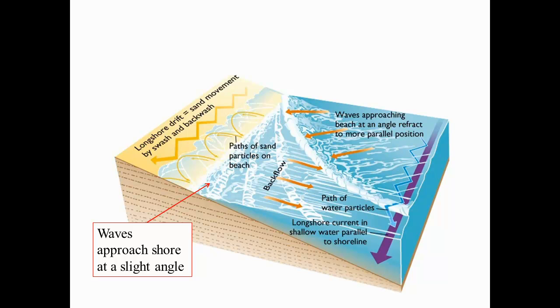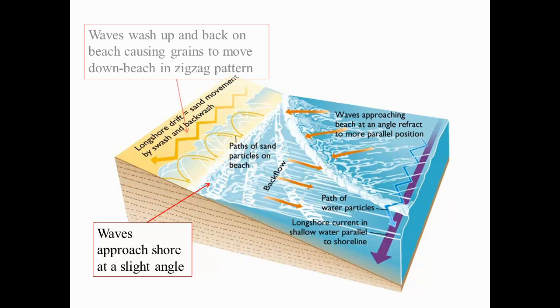Now, even though wave refraction results in near parallel alignment of the waves with the beach, the waves will still approach the shore at a slight angle. And as a result, the waves wash up and back on the beach, causing grains on the beach to move down beach in kind of a zigzag pattern, which is referred to as a longshore drift or simply beach drift.